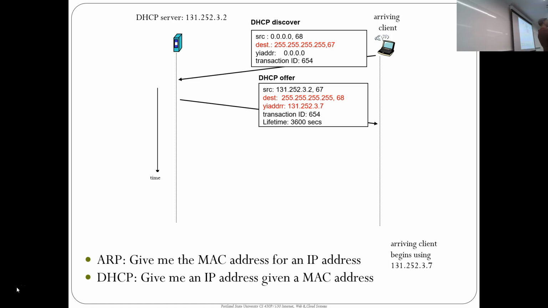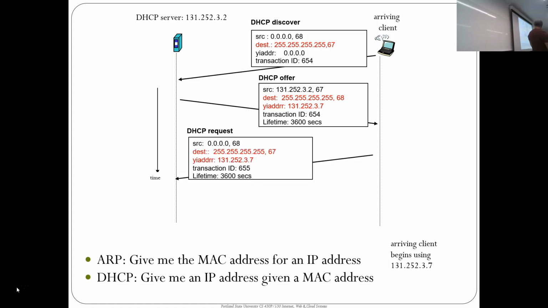You have to claim it in order to own it, because you don't want someone to keep on asking the server for IP addresses and then not claiming it, because you'd soak up all the IP addresses. So this is why there's a separate step. It offers you this IP address, and then you say, I want to claim that IP address.